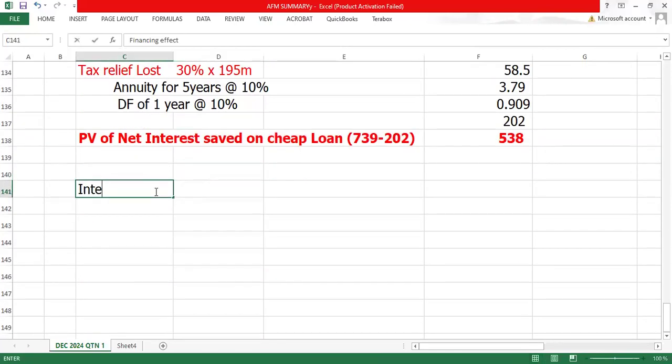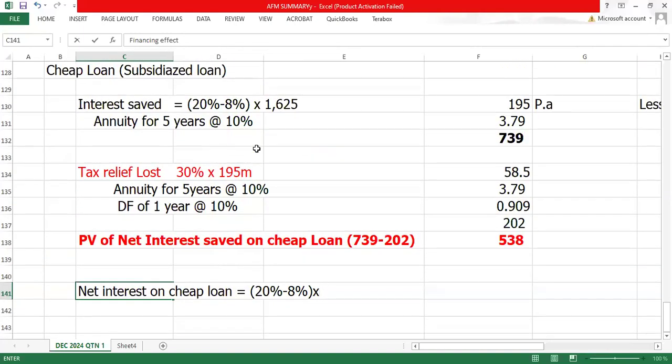He looked at net interest saved. Net interest saved on cheap loan, whereby you're getting the what? The 20% minus the 8%. Then times the other loan from UDB, 1625.